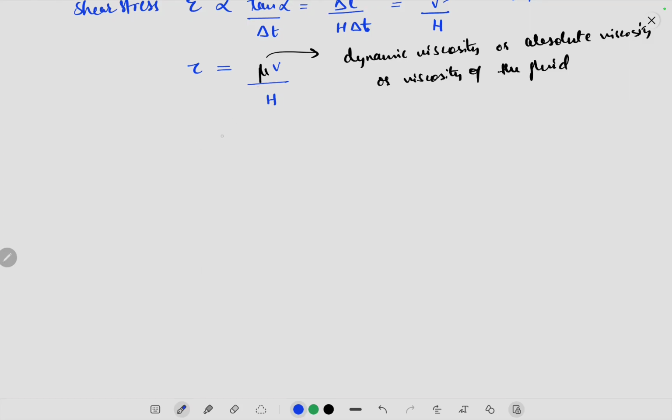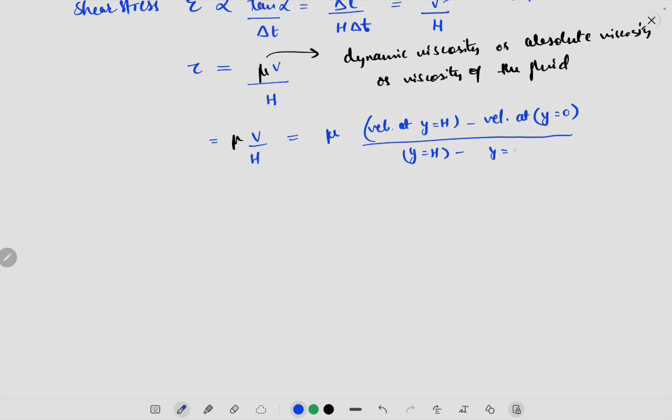Now I can also write this V by H term. So this is your mu and this is your V by H. This can also be written as the velocity at y is equal to h minus velocity at y is equal to 0, divided by y is equal to h minus y is equal to 0. Can we write this?